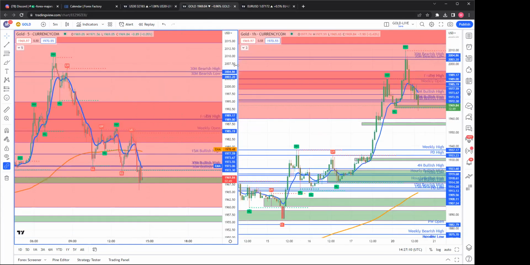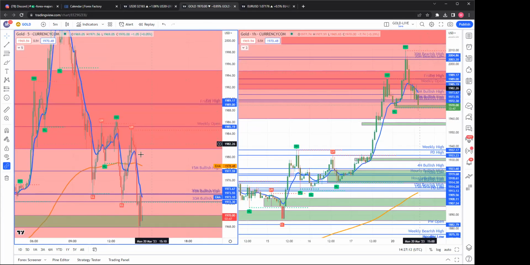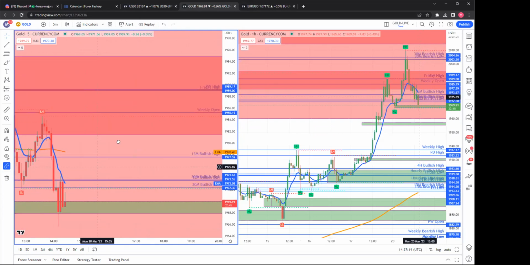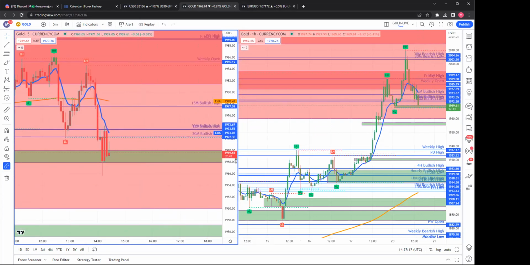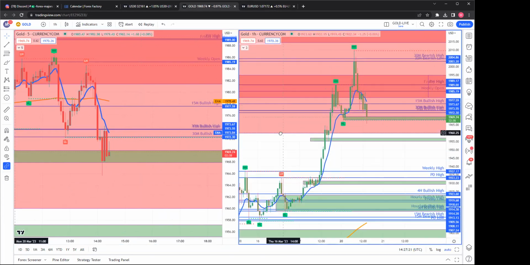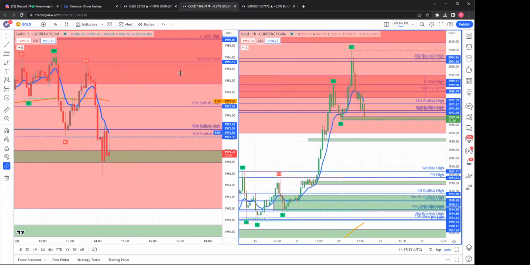Gold, nothing. So gold, we have a demand zone on gold right here, and price is rejecting from that demand zone. Now here, what I see, I'm still bullish on gold personally. On the hourly, if you guys can see this, I see a possible head and shoulders.